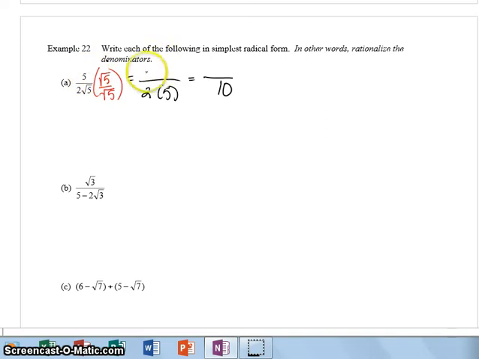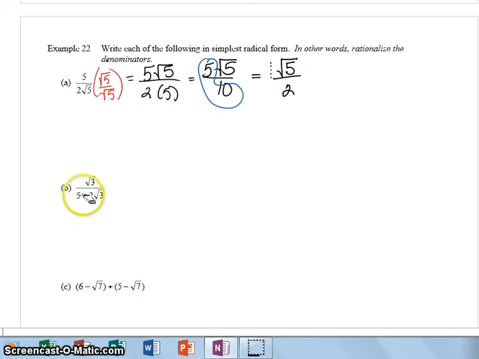Up top, 5 times radical 5 is 5 radical 5. So carry that over. But again, these can reduce on the outside. 5 out of 10 would be a half. So rather than me putting that imaginary 1 up top, you're okay if you put that 1 up there. You're going to get radical 5 over 2. Okay, remember, radicals can't be in the denominator, but numerator's okay.